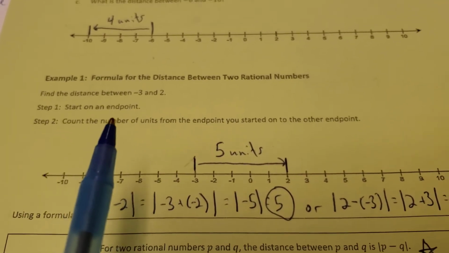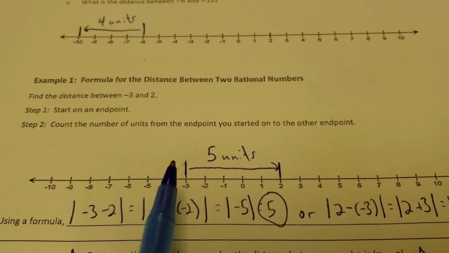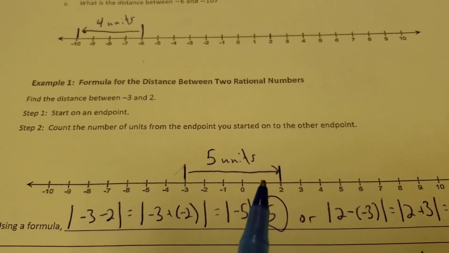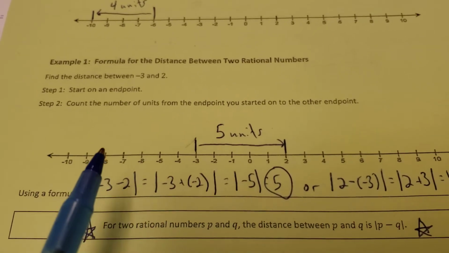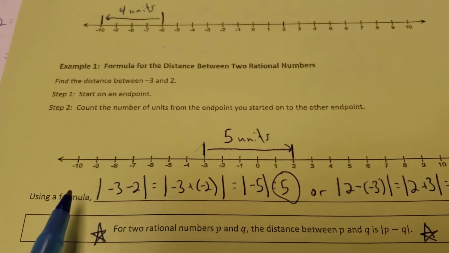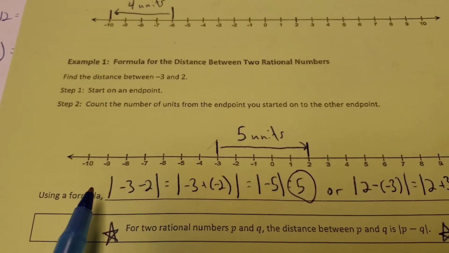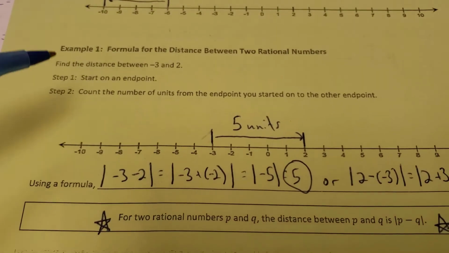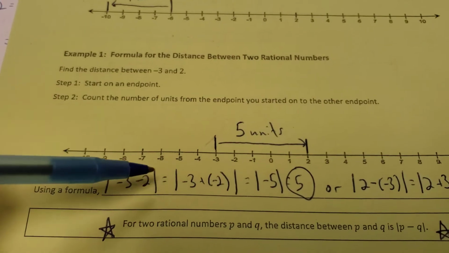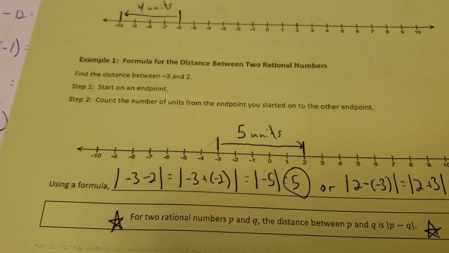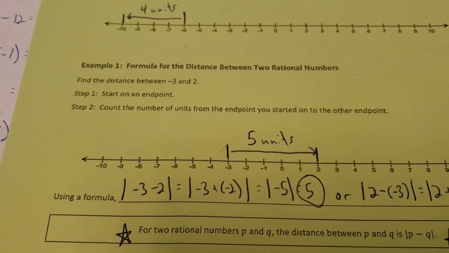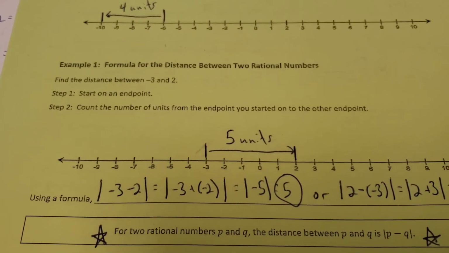All right. So find the distance between a -3 and a 2. -3 and 2, it's 5 units. Now, what we're going to use to show this is an absolute value bracket. We talked about absolute values a long time ago. Absolute values are the straight brackets around a problem. And that forces whatever ends up being inside there, after you solve the problem inside, to become a positive answer.